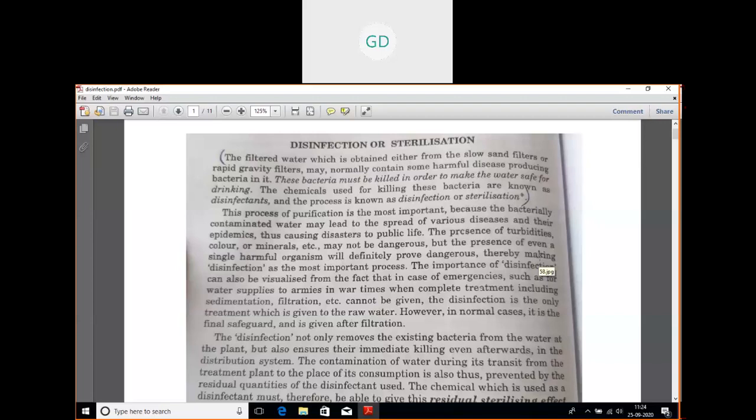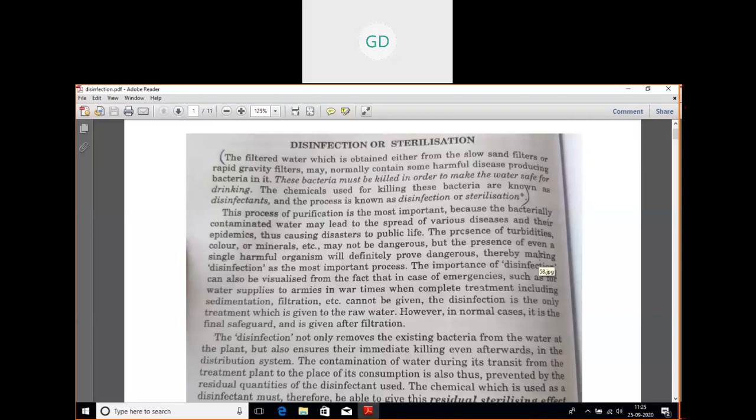So before supplying it to the public, since we have to make the water safe, these bacteria must be killed, and no other further processes are used for killing them. Disinfection is the most important step of a treatment process, because in this process chemicals are added for killing the bacteria, and those chemicals are known as disinfectants.